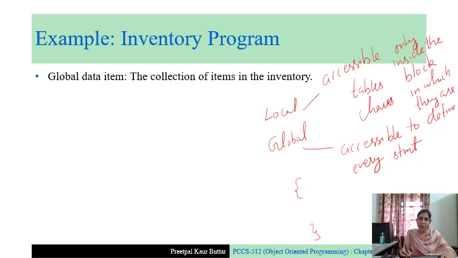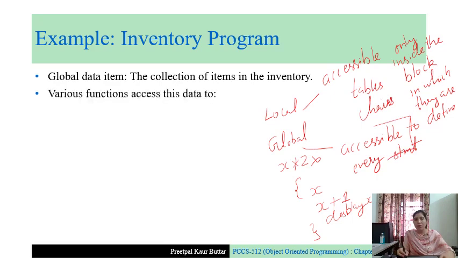In this block we have created a data item X. So inside this block we can access X. We can modify it, we can display it, we can play around with X inside this block. But outside this block we cannot access X. This is not allowed. But the global data items, on the other hand, they are accessible to every statement.